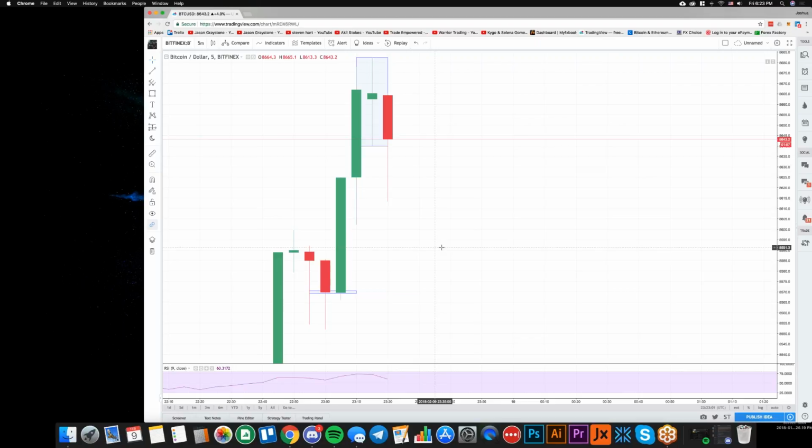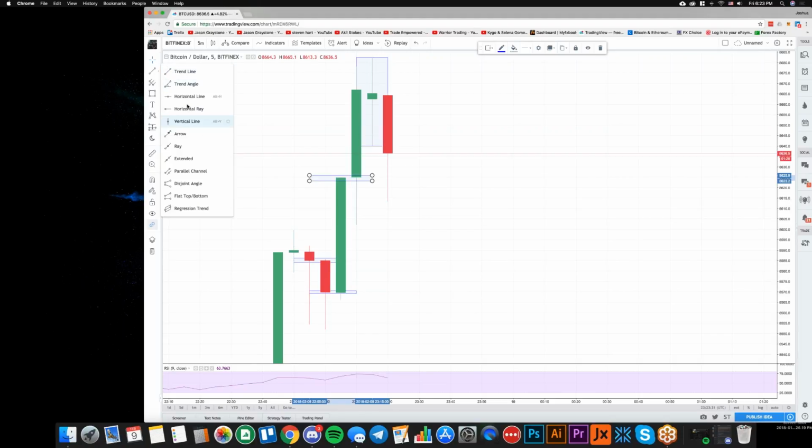But a typical rule of thumb when you're learning is to consider that where one candle closes, the next one opens. The reason this candle is red is because it closed lower than where the previous one opened. And the reason this next big one is green is because it closed higher than where it opened.